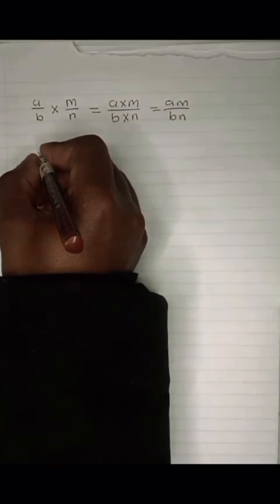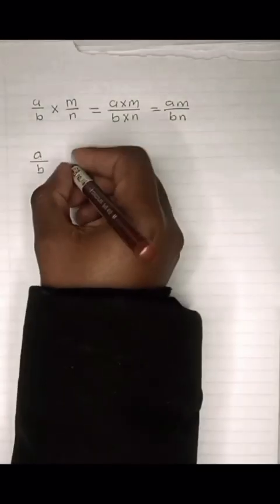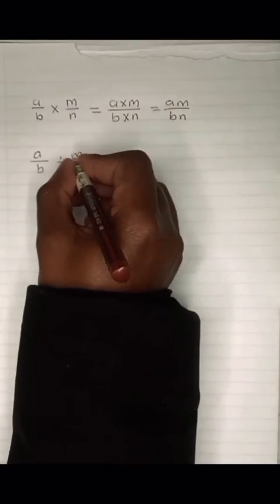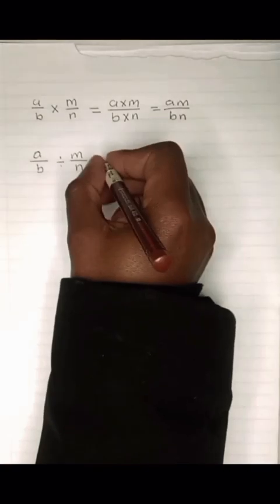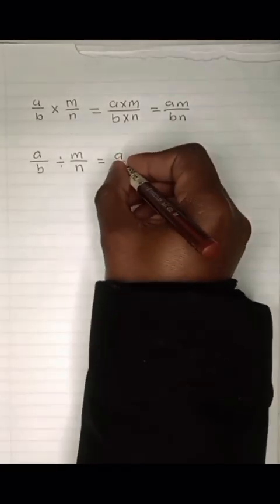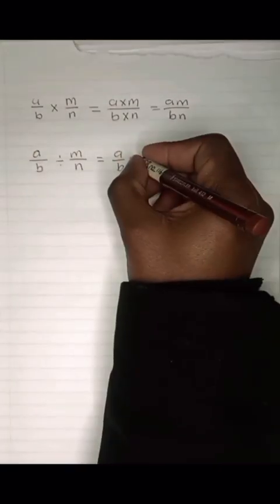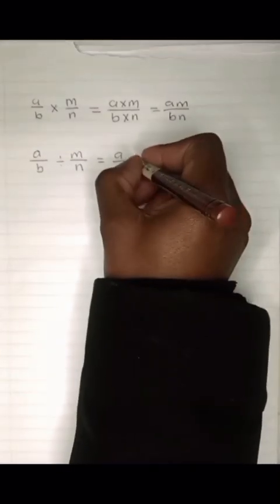And then for division, when you have a over b divided by m over n, what you do is that you write your first fraction, which is a over b, and then you change the division sign into multiplication.